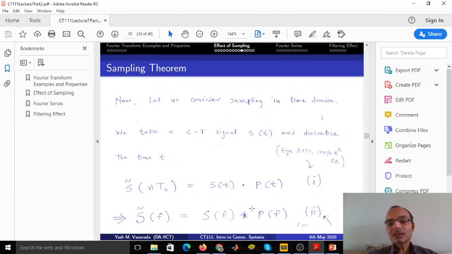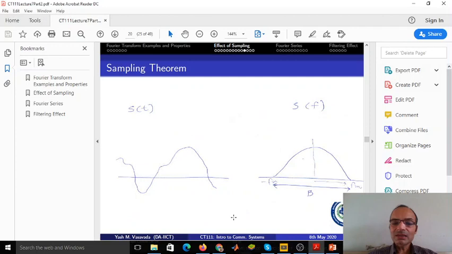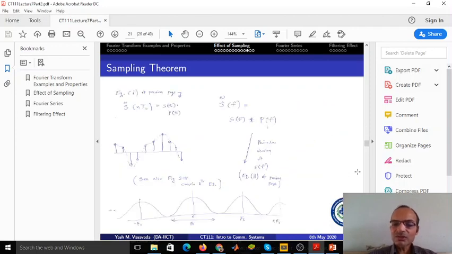And the third thing that it makes use of is the shifting property of Dirac delta function, because of which this S of f gets shifted to all the multiples of f of s: minus f of s, 0, plus f of s, 2 times f of s, 3 times f of s, all the way until infinity times f of s.